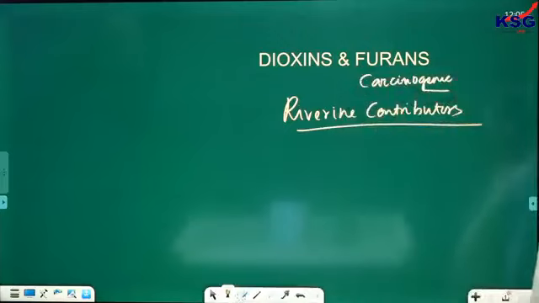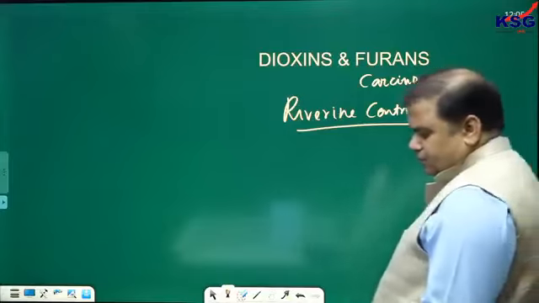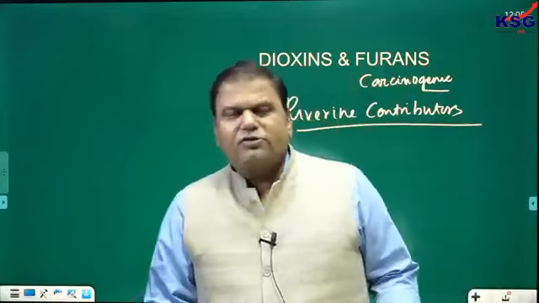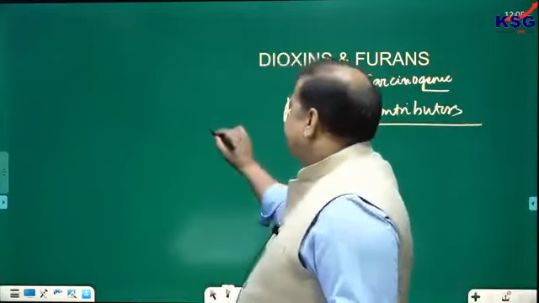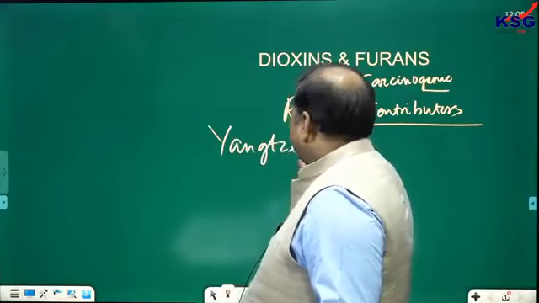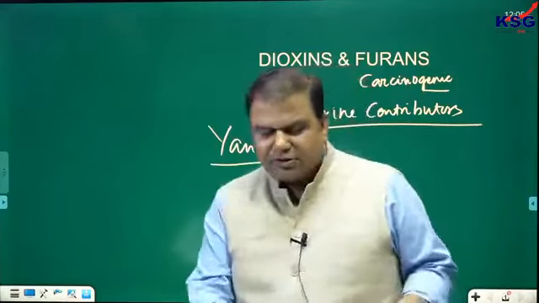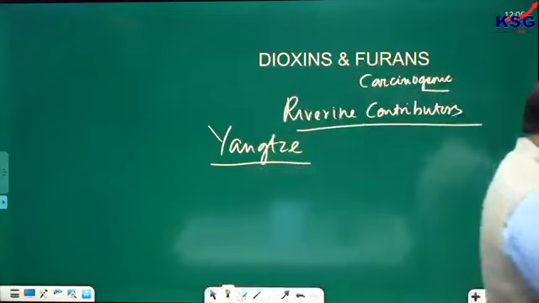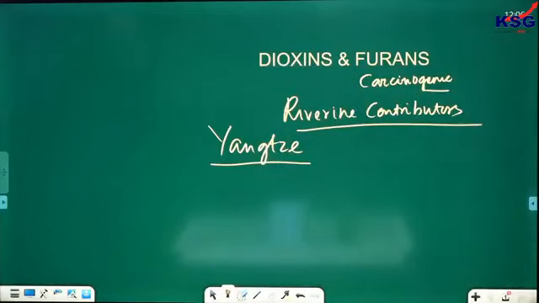There are riverine contributors of mismanaged plastic in the ocean. The biggest contributor is Yangtze of China.